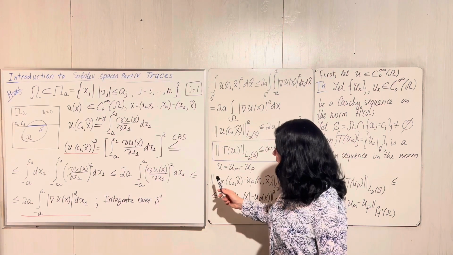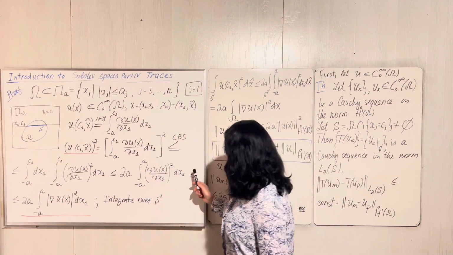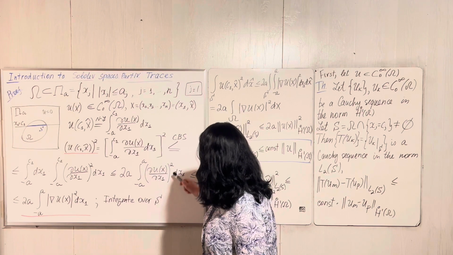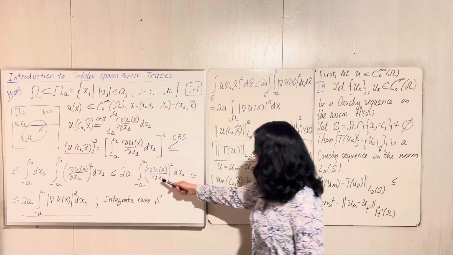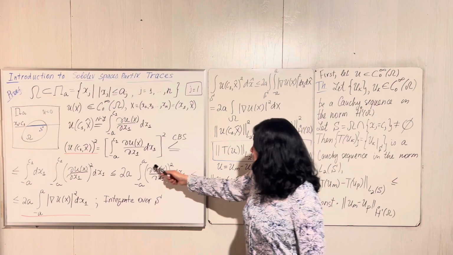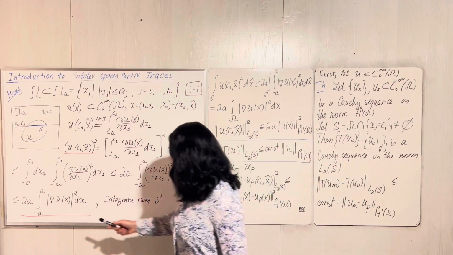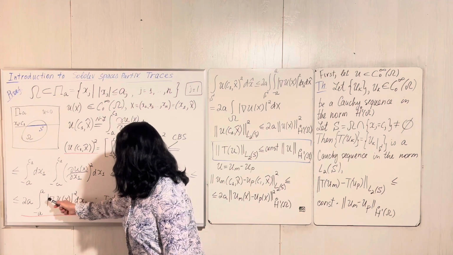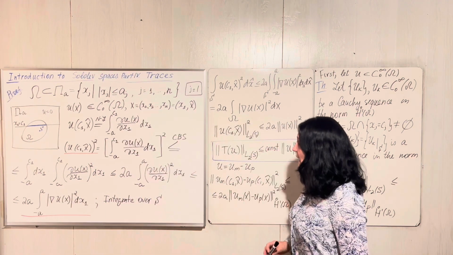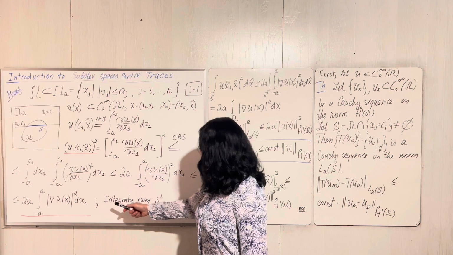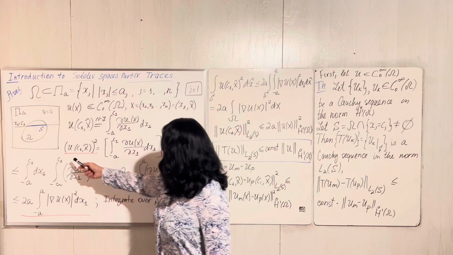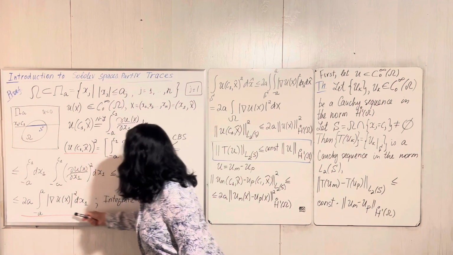And then if, instead of this first derivative with respect to x1, we write the gradient modulus, the absolute magnitude of the gradient, then we will only increase our integral. So, and then we integrate both parts of this inequality.